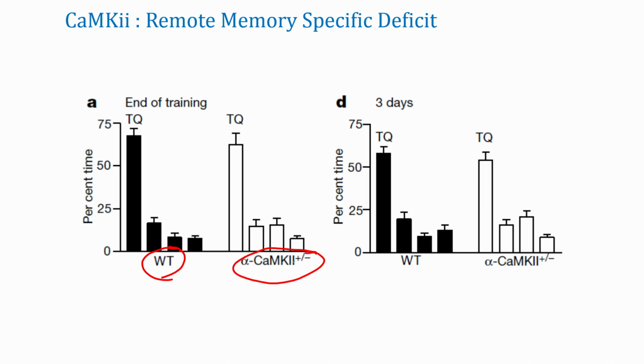If it is minus minus, it is homozygous, plus plus is wild type; plus means the gene is present, minus means it is not present. When you look at the heterozygous mutant, at the end of 3 days of training, they are learning beautifully, no problem at all, they are specifically searching in the target quadrant, pretty much like the wild type.